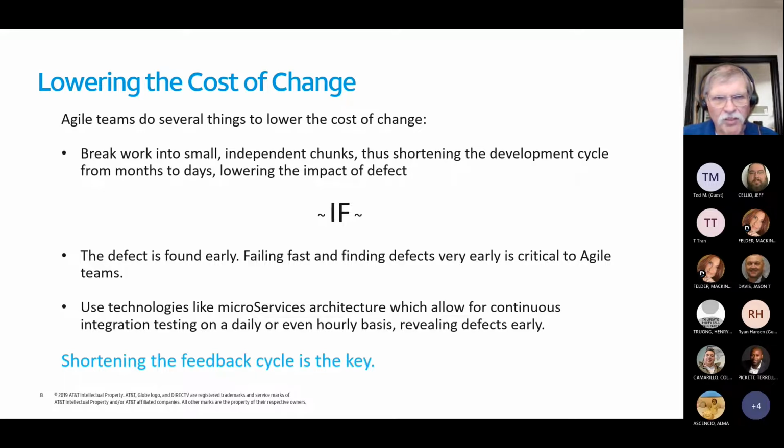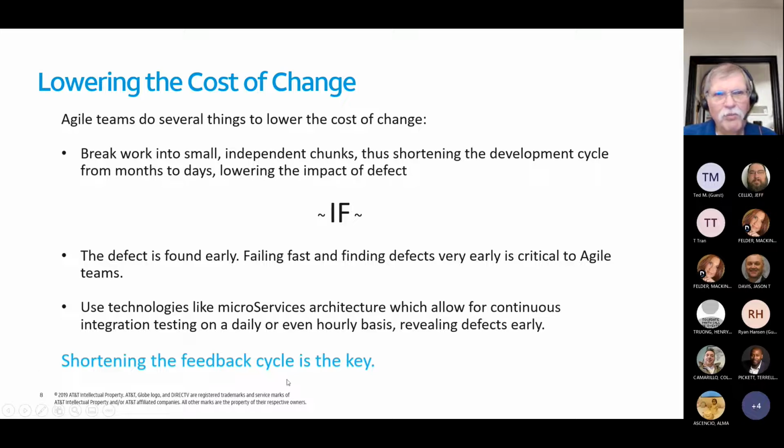Okay. So that integration, as I mentioned last time, I believe it was, especially with places like Amazon, where the integration is occurring hundreds, if not thousands of times per day. The defects are revealed early. You can fix them, get things back into production.